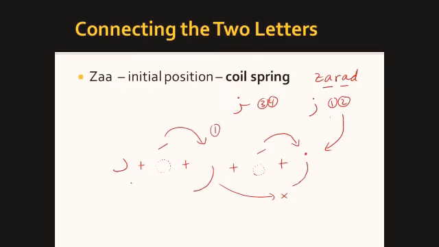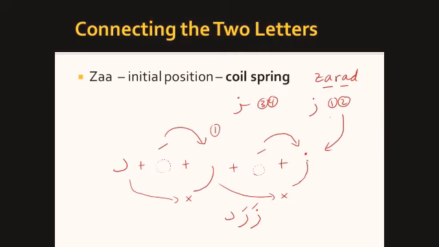Now, the dal, it connects to what comes before it, but the ra doesn't connect to what comes after it. So we can't, again, connect the dal to the ra. So this is all going to look like this. Zarad. Zarad. And zarad means spring or coil.